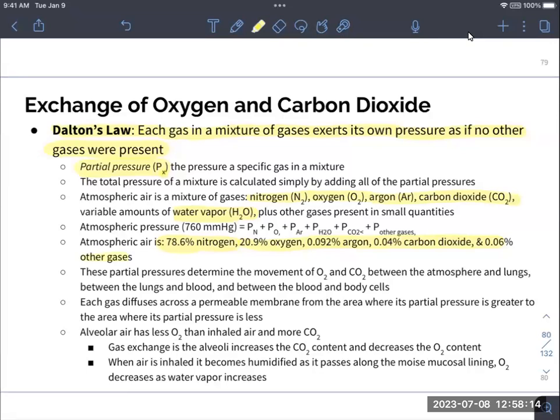And these partial pressures actually determine that oxygen and carbon dioxide movement between the lungs and the blood, and then the blood and the body cells.